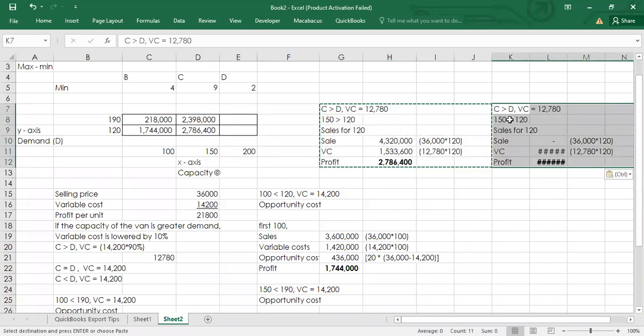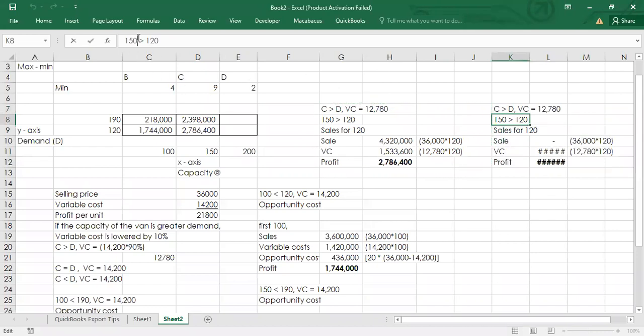Our capacity is 200, but our demand is 190. So meaning that the sales for 190, which they're buying, will give us a selling price of 36,000 times 190.